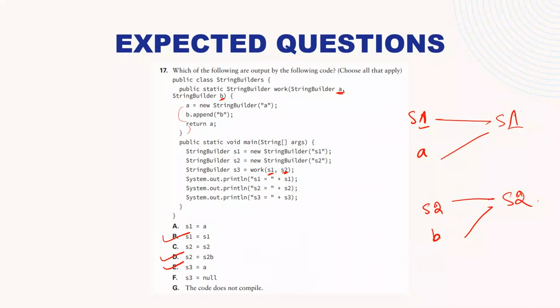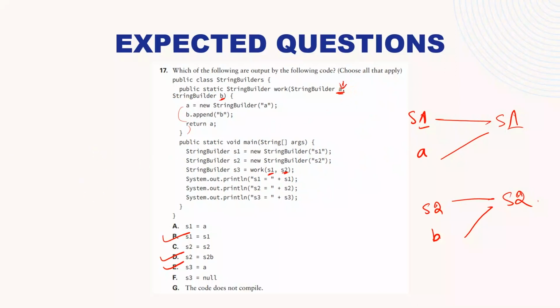And this is where people get confused between the primitive type values, where we pass by value, and this, which is kind of pass by reference, right? The only thing that differentiates this confusion is that we are passing this reference variable S1, and it is being assigned to this particular A variable.